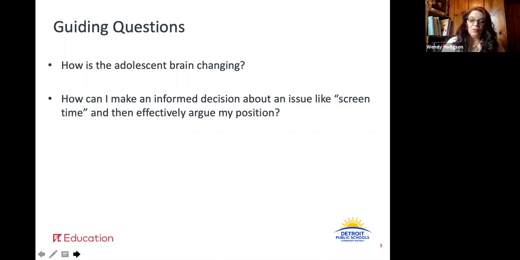And number 2, how can I make an informed decision about an issue like screen time and then effectively argue my position? So this week, we'll be reading a new piece of text. We will be gathering evidence and strengthening our thinking around these guiding questions as we dive into the work.